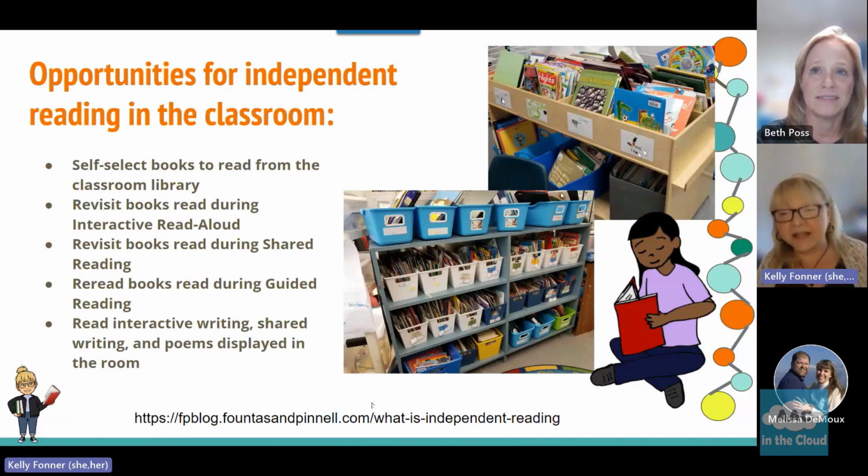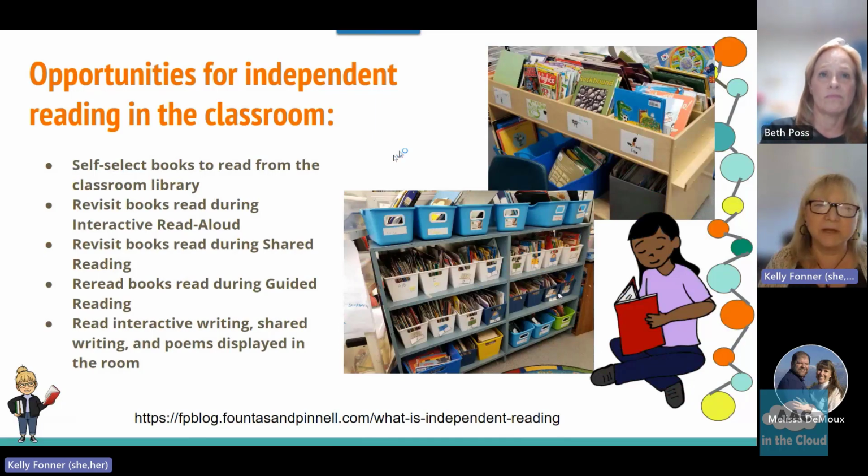And then she has another section in the room where books are that alphabet process that Beth was talking about, books that really emphasize certain letters and certain sounds. And so kids could go and pick from those bins. Reading and rereading is a big part. So whether you are introducing the book during a guided reading activity and then kids have been exposed to it, then that puts it into the shared reading experience.